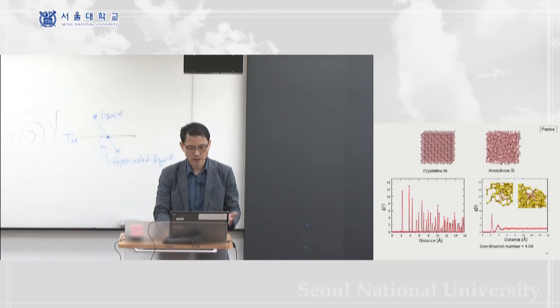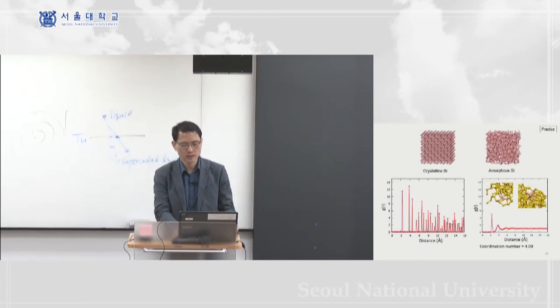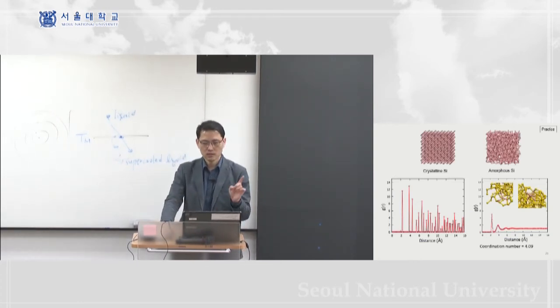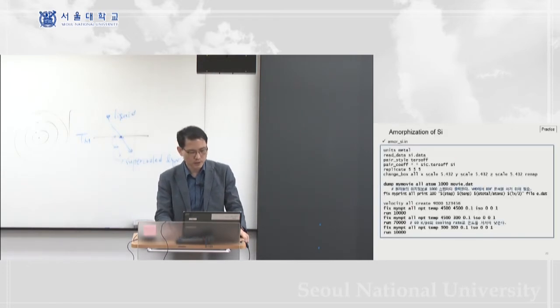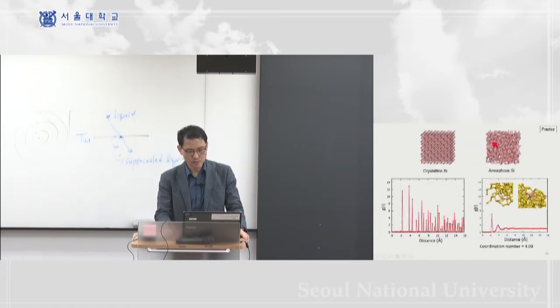Your task is to obtain the RDF for amorphous silicon: you melt and quench it, and so you obtain this amorphous structure. This is the RDF for the crystalline structure, and this is the RDF for the amorphous structure. You can see that it is very similar to the liquid phase.